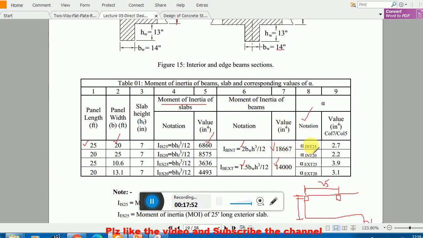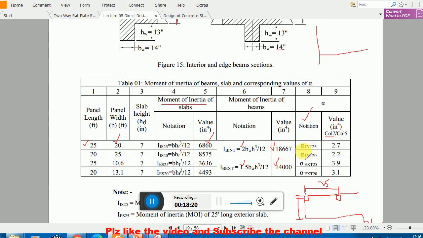The notation is now alpha interior 25, meaning the alpha value in the direction of 25. Similarly, this is the relative stiffness in the 20 feet direction, and this is 25. So these are the relative stiffness for the exterior and interior frame. Now how they got these values: you see column number 7, this value divided by column number 5, this value.